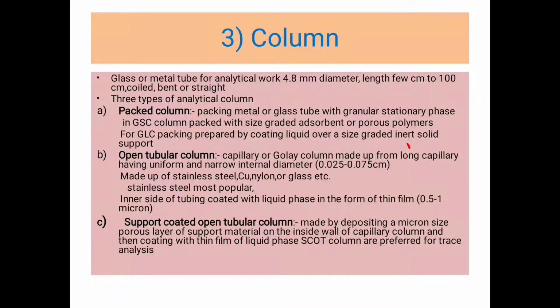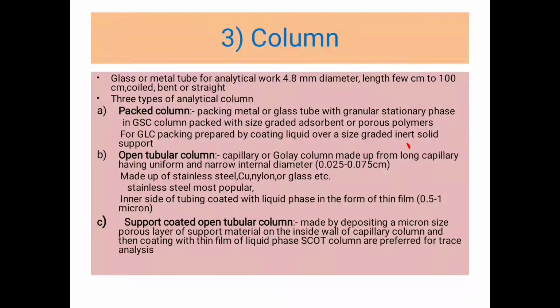Stainless steel is the most popular for preparing open tubular columns, and the inner side of the capillary tubing is coated with the liquid phase as a thin film, 0.5 to 1 micron in size.